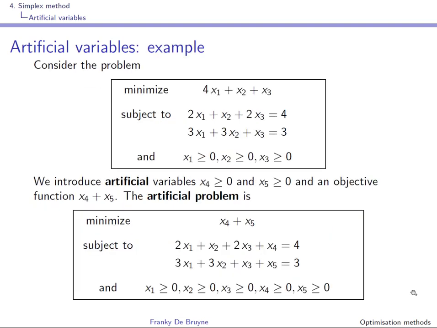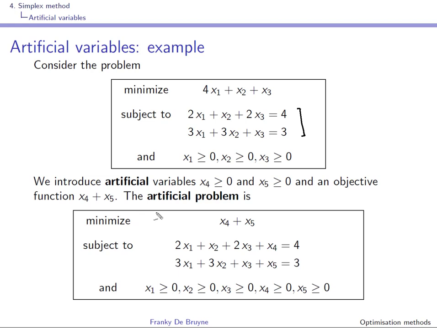So let us consider this problem. It's a minimization problem. We have equality constraints, so the problem is in its standard form already, but as you can see, it's difficult to find an initial basic feasible solution as the variables appear in the two equations. So it's kind of difficult to see which variables you should choose as basic variables and how you would then obtain the basic solution.